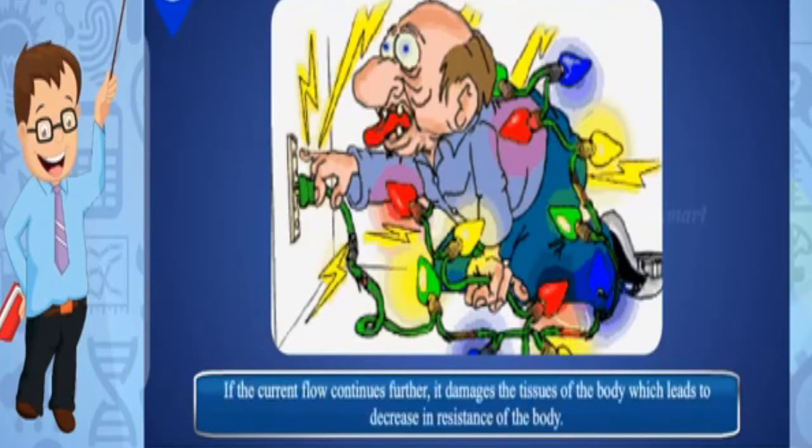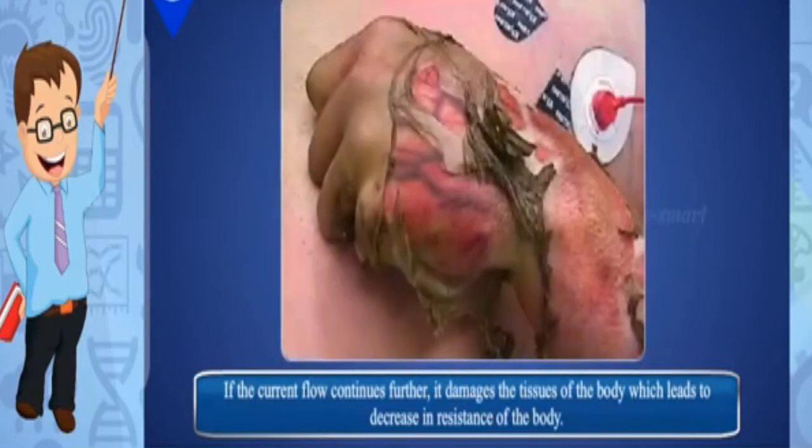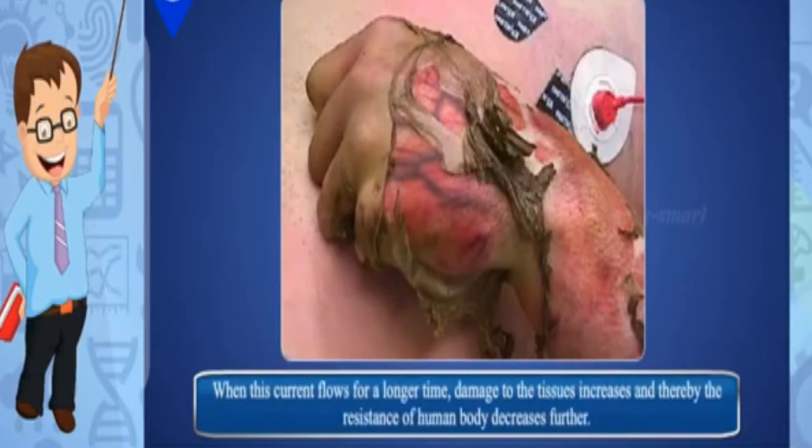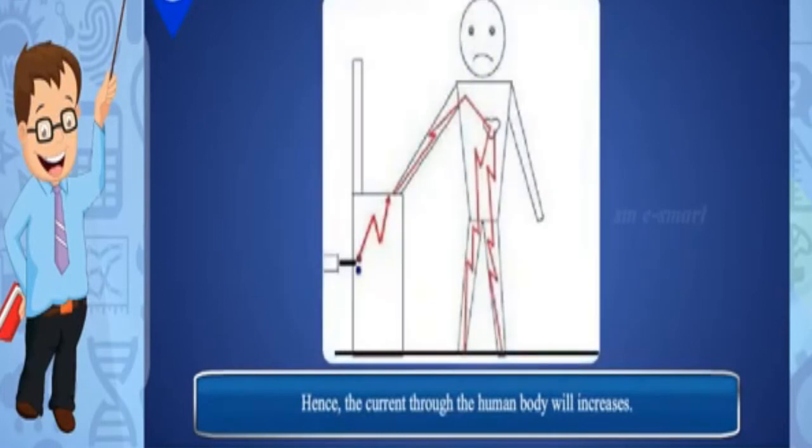If the current flow continues further, it damages the tissues of the body, which leads to a decrease in resistance of the body. When this current flows for a longer time, damage to the tissues increases, and thereby the resistance of the human body decreases further. Hence, the current through the human body will increase.